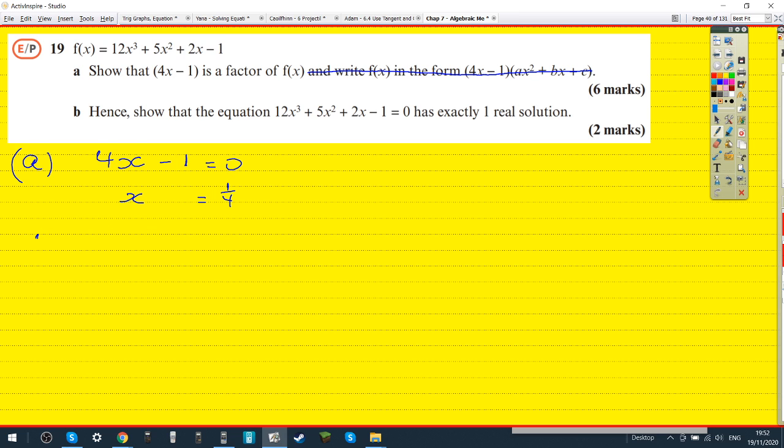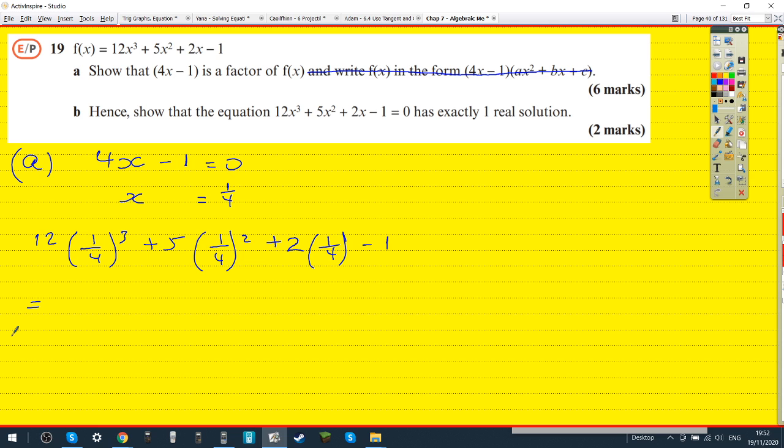And what answer should you get if it's a factor? What answer do you think you'll get without putting it into your calculator?